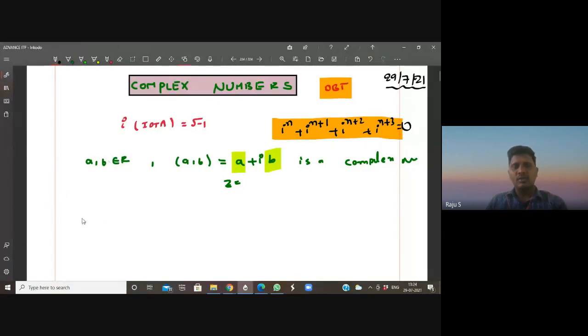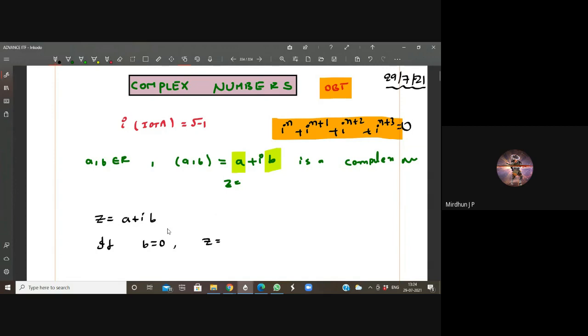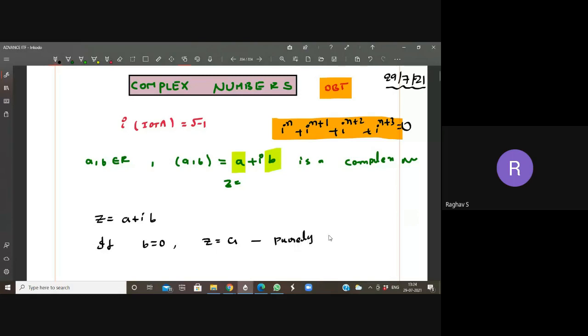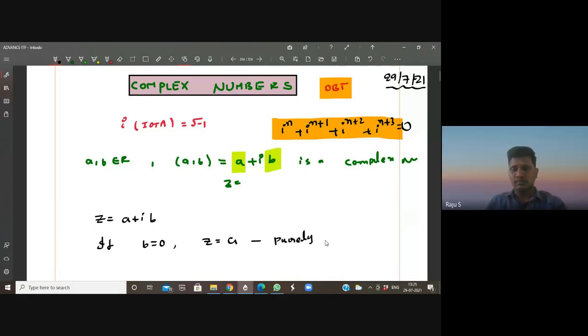So you also have to remember, when I take a plus iota times b, if b becomes 0, what is the z value? a. So this is called purely real.